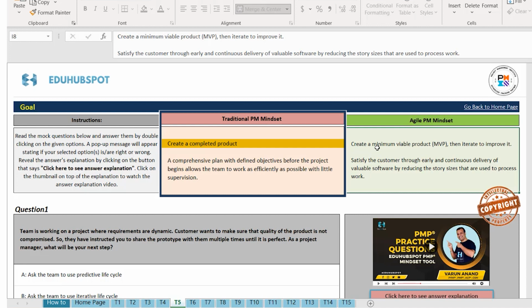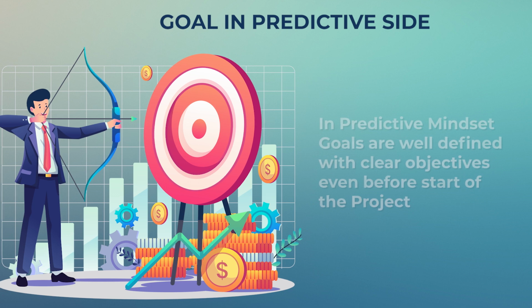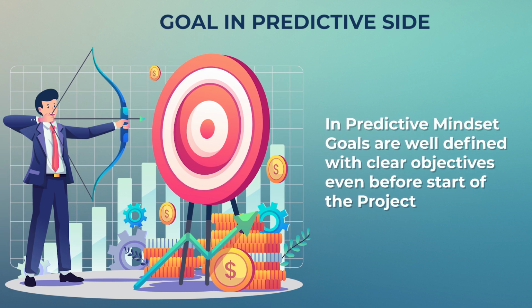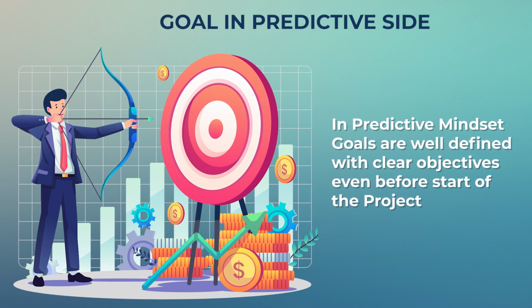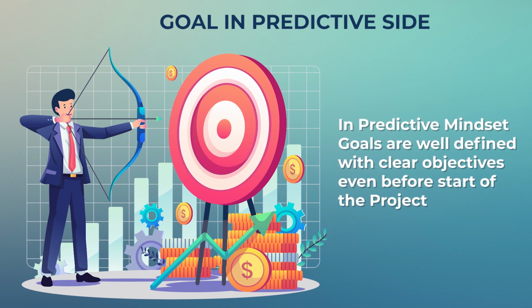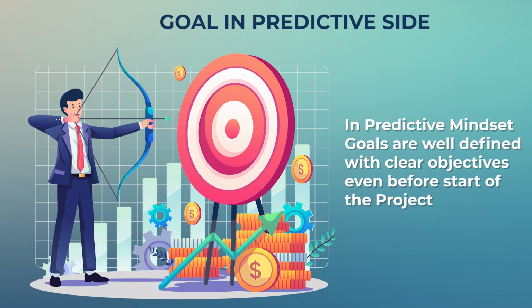Your goal is to give a complete product. A comprehensive plan with defined objectives before the project begins allows the team to work as efficiently as possible with little supervision. So on the predictive side, you need to make sure that you have well-defined, clear objectives of the goal before you even start working on the project.